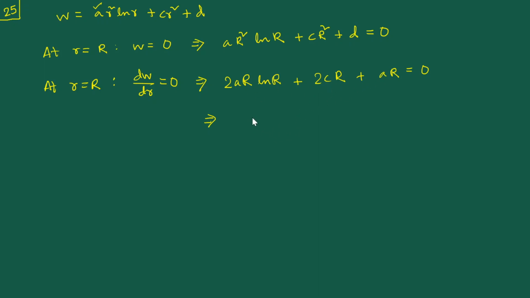So what we can simply do here is to write this as minus A R ln R minus half A. Since A is known to us, C is immediately known to us, and finally we go back here, this D can be written as so. In the interest of saving time, I'll not just substitute these expressions of C and A here, but the fact remains that whatever we needed to find out, we have found out here. So basically this W is known to us now.